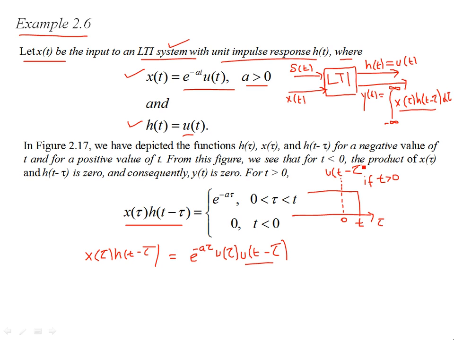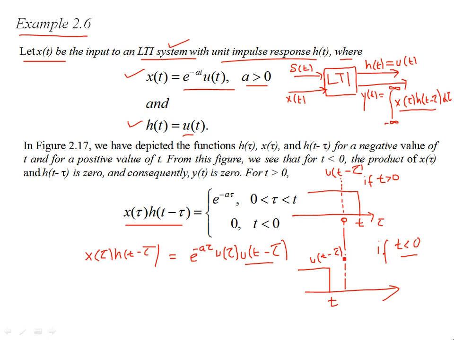But in the other case, what if t is negative? What if you're considering the values of negative time? Then the shift is going to be towards the left. So this is t, now t is less than 0, and this depicts again u(t minus tau) for negative time.